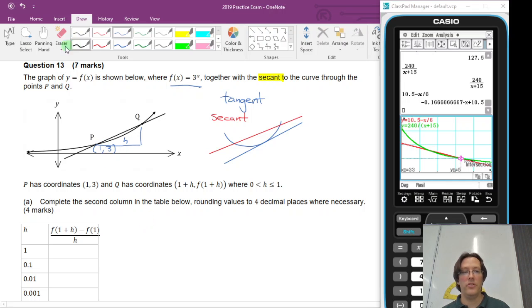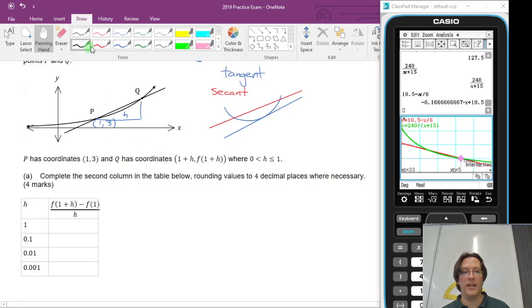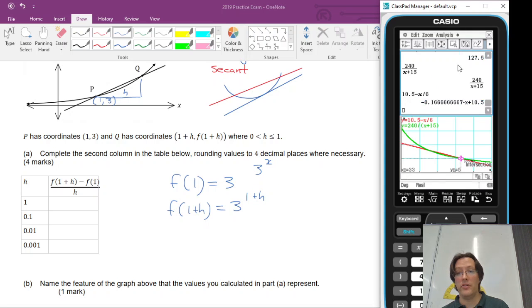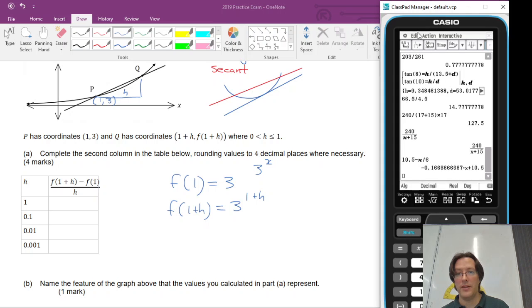So I'm going to set up my equations very carefully. f of 1, so we've got 3 to the power of x. f of 1 equals 3. f of 1 plus h is going to be 3 to the power of 1 plus h.